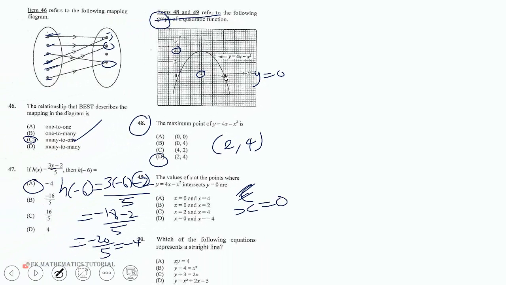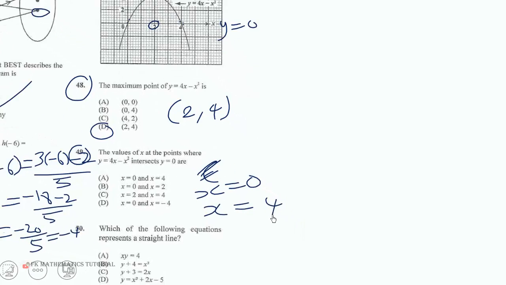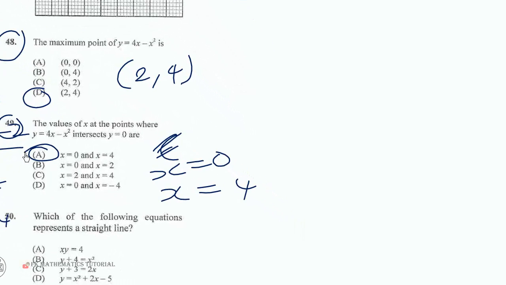Then again this point here, which is the point x equals 4. So x equals 0 and x equals 4. That is option A.